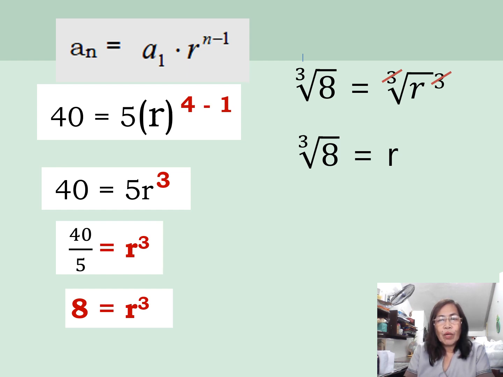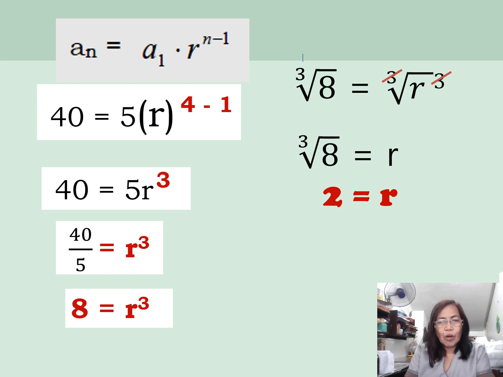Now, when we speak of cube root of 8, you think of a number that when multiplied by itself again and again, so in this case, 3 times. Think of a number that when multiplied 3 times will give you 8. And that will be 2. Because 2 times 2 is 4 times 2 is 8.